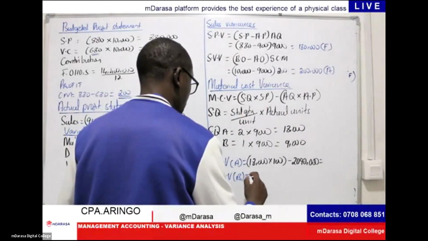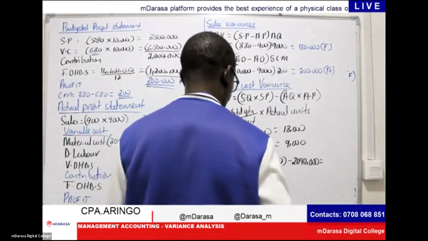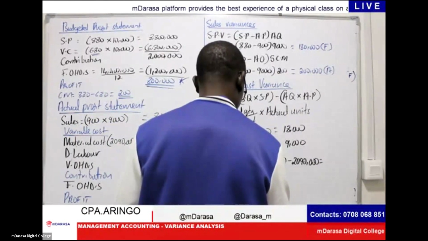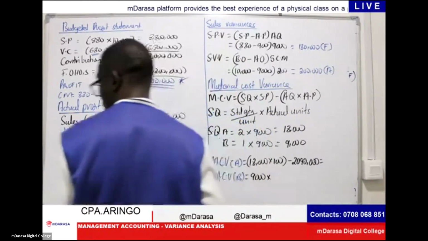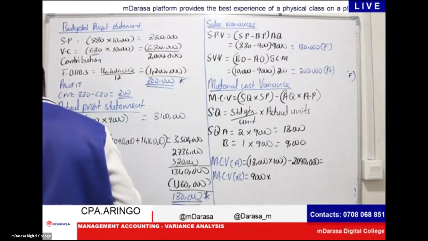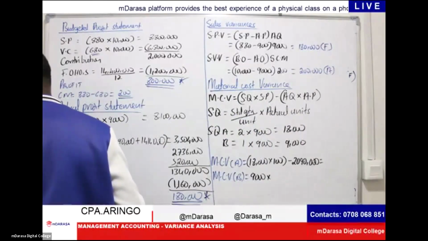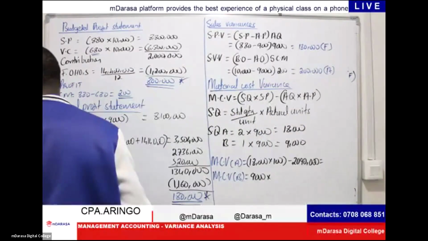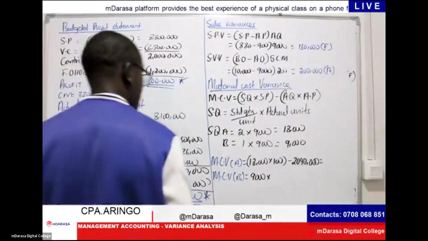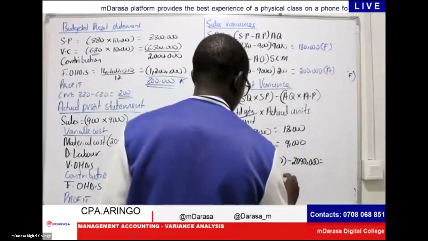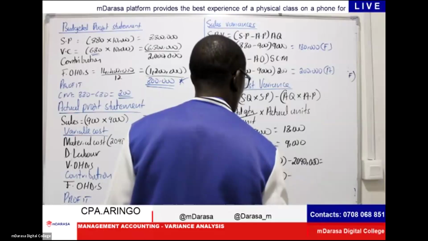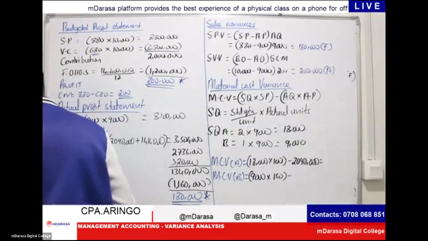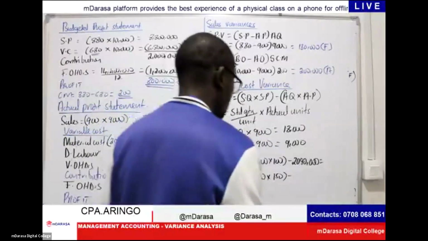For material B, we have the 9,000 times the standard price, which we're given as 150 per liter. The actual material cost for B, we can see we're given 1414.